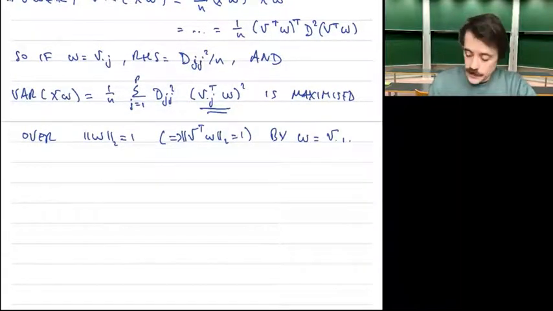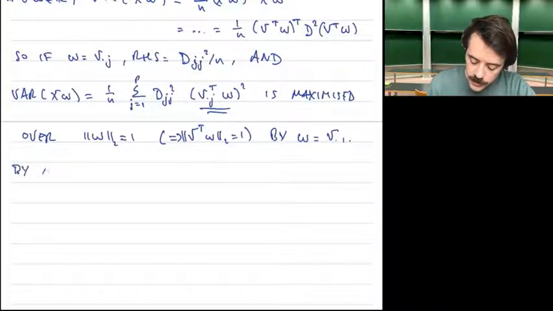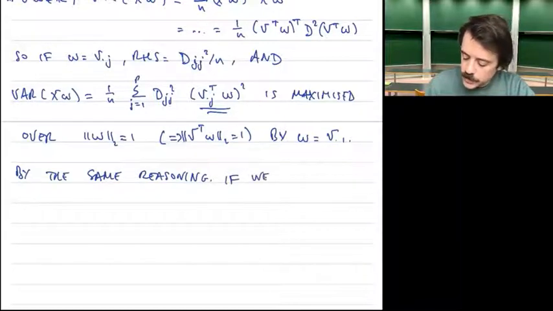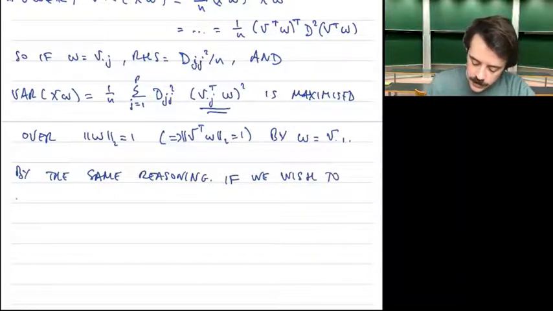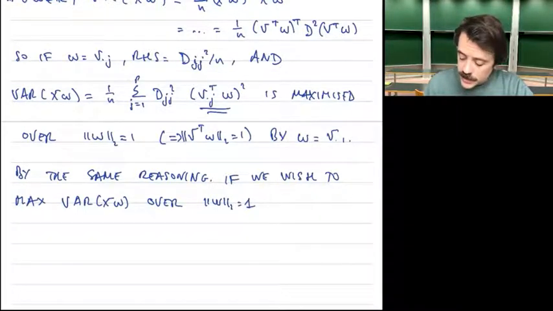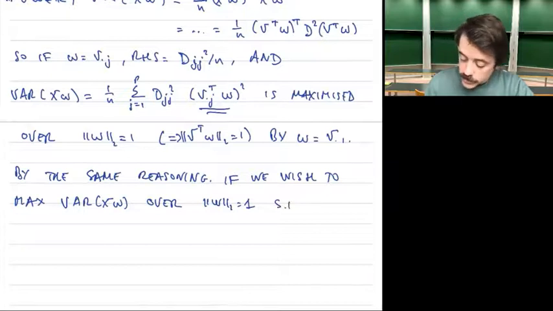Okay, so by the same reasoning, if we wish to maximize the variance of this over the set of unitary vectors such that w is orthogonal.